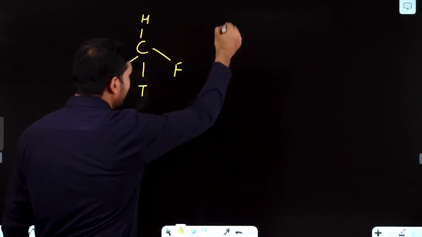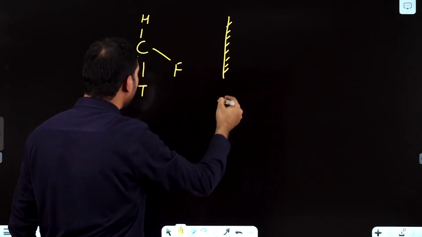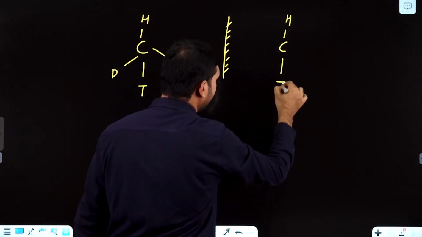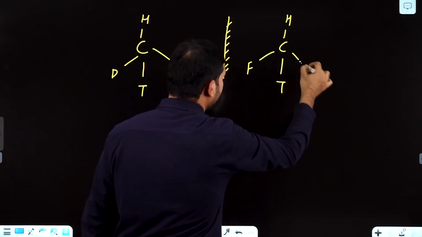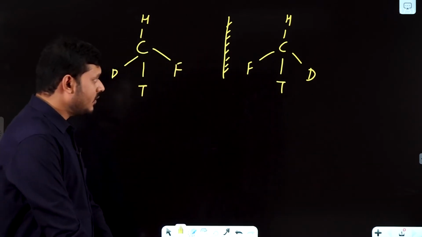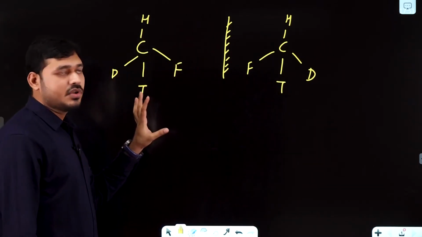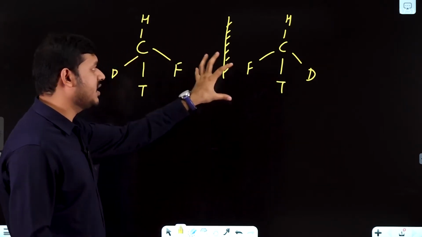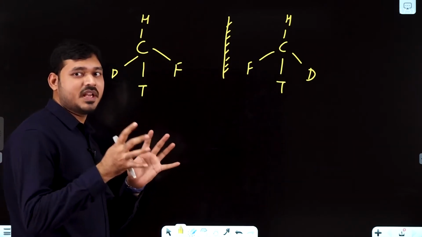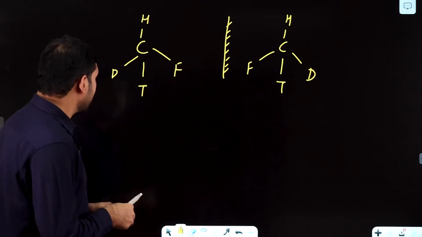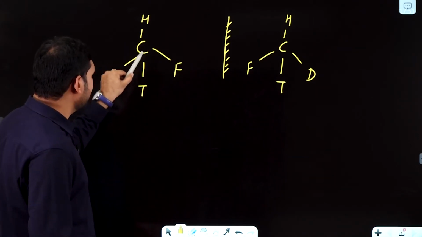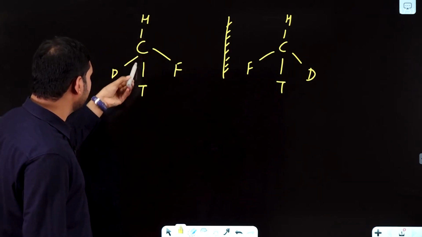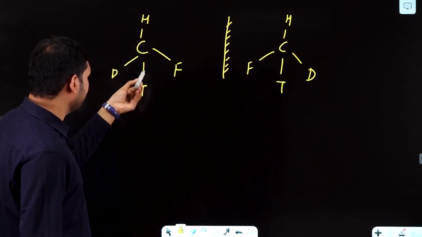Now if I draw a mirror image, what will happen? Carbon with hydrogen here, tritium, and this fluorine and deuterium will get exchanged. If you remember, I told you to imagine this part in 3 dimensions. Suppose this carbon atom has the hydrogen in this plane, and the tritium this side.